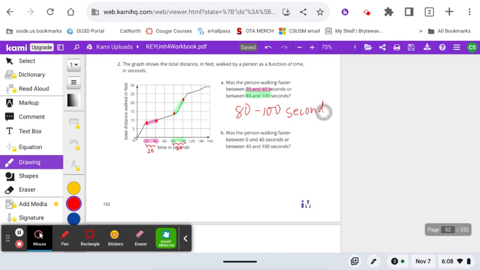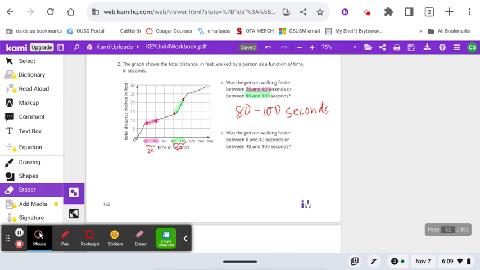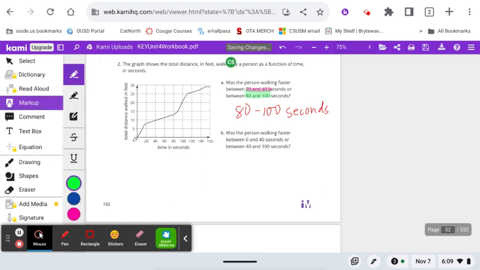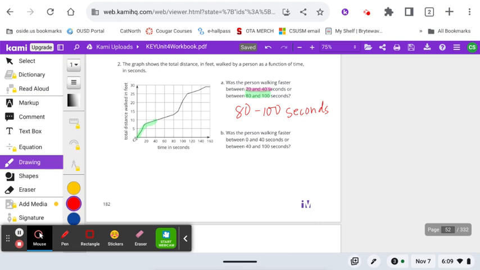Was the person walking faster between 0 and 40 or 40 and 100? So this one from 0 to 40 is on a 40-second interval.